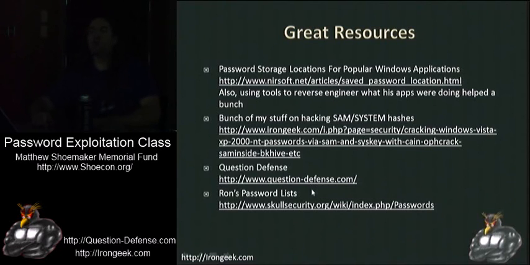Also, if you want a good password list page, skullsecurity.org is run by a guy named Ron. I've met him at a couple different HackerCons now. He has some great password lists, and one of the great things about them is that some actually come from real-world user-leaked passwords. Like some service got hacked, and someone posted all the passwords online.